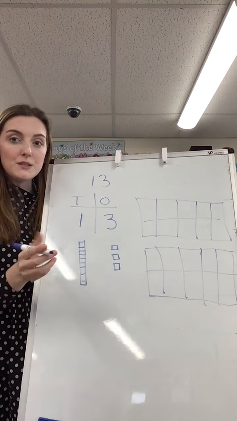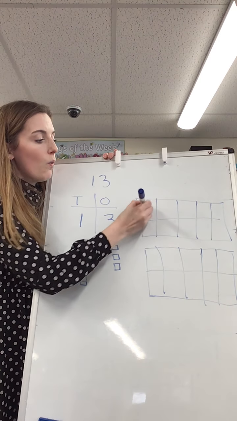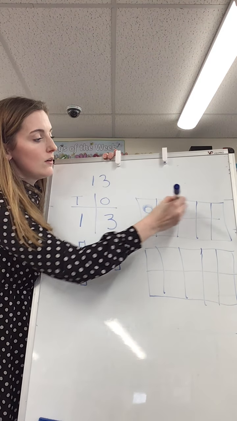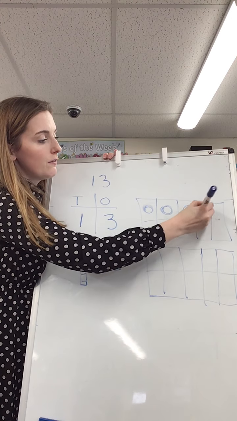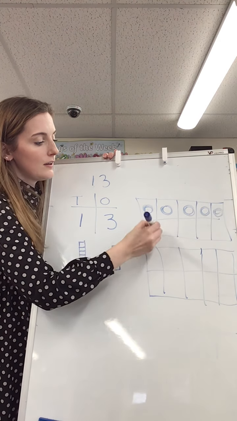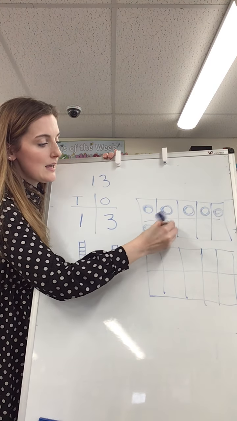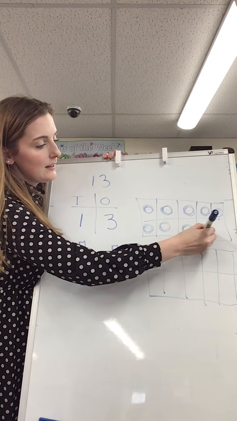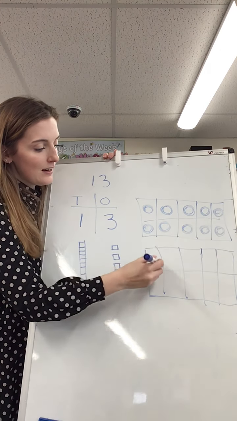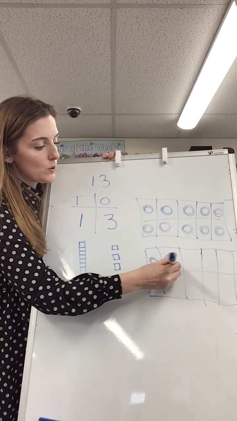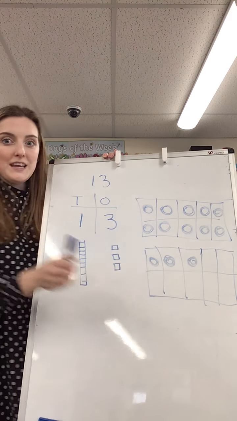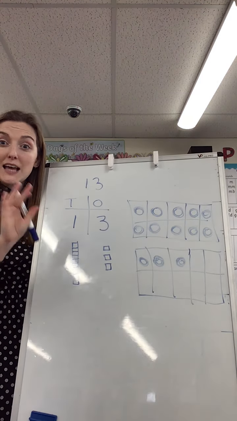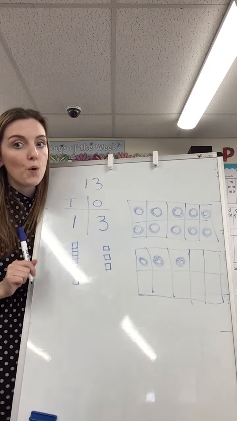So now I've got to really count carefully. 1, 2, 3, 4, 5, 6, 7, 8, 9, 10, 11, 12, 13. Now you could have used your little objects, that's absolutely fine as well, but I've just shown you how we could draw it as well.